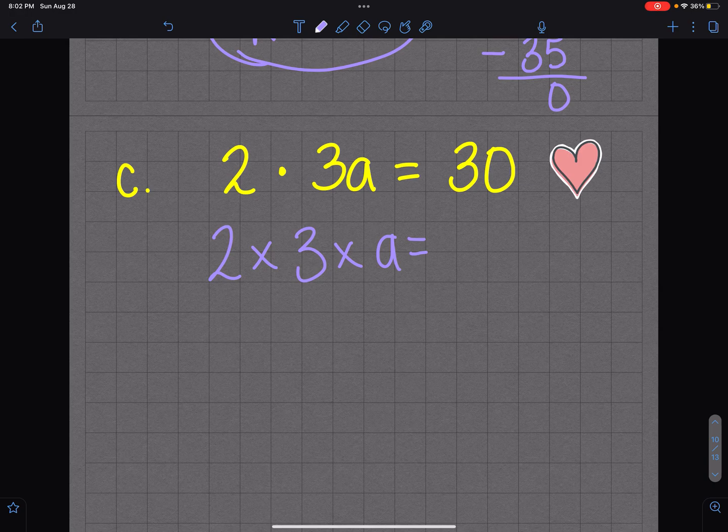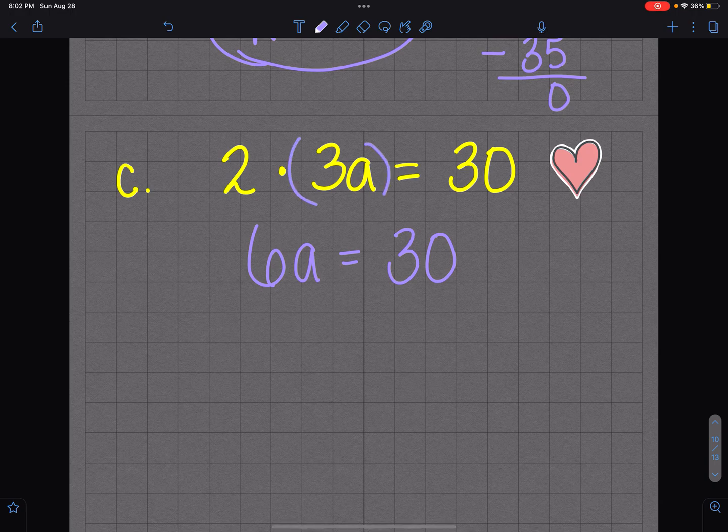It doesn't matter because you can just simplify this to 6a is equal to 30. It's because it doesn't matter which one you do first. I think that's associative because you could do this first or you could do this first. And with multiplication, you'll get the same answer. So now this is an easier problem to deal with.